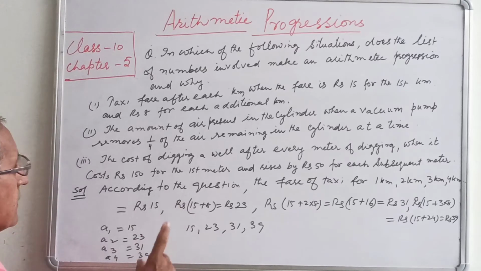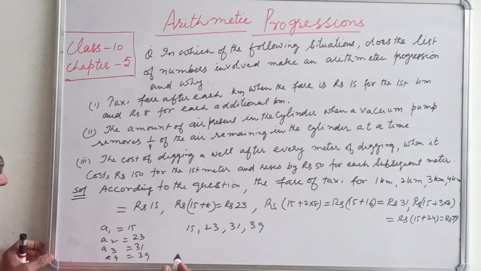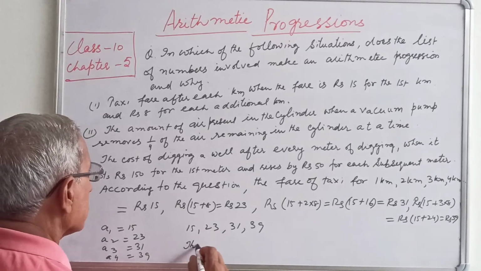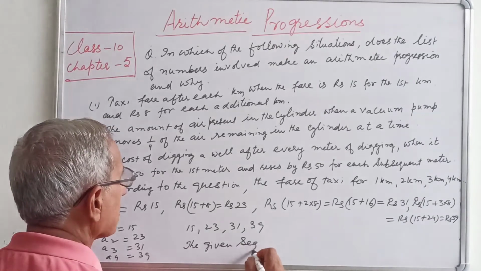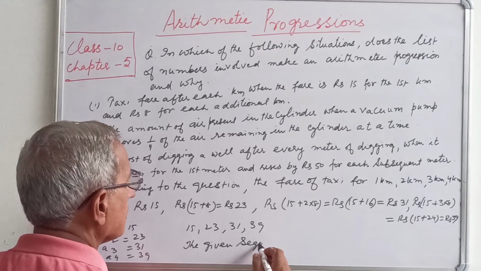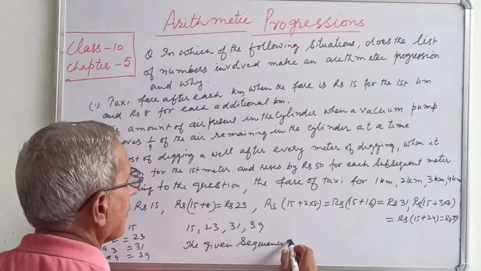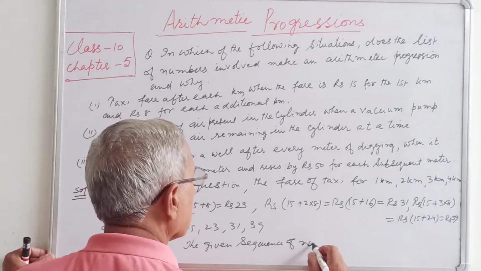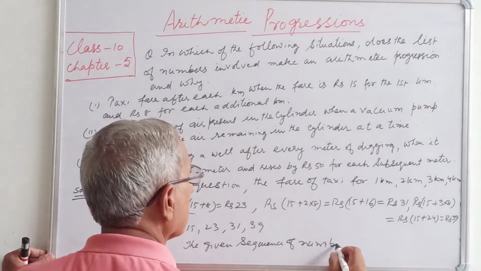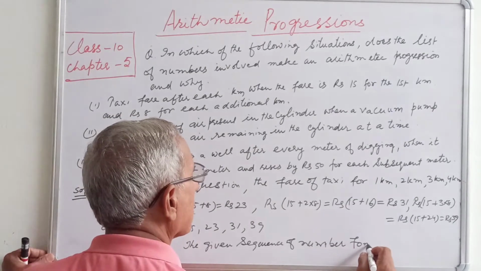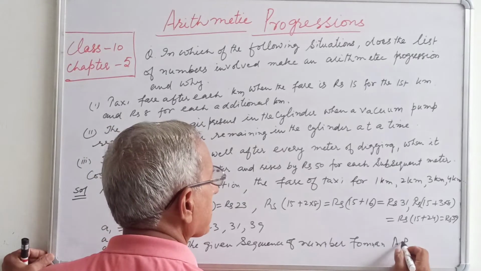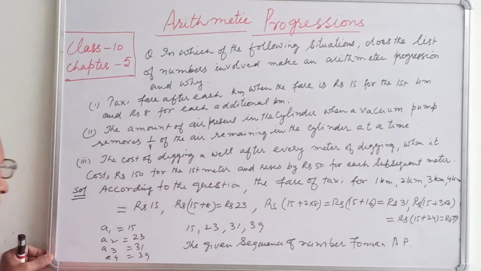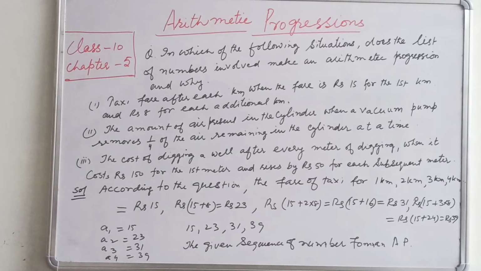Therefore this sequence forms an AP, an arithmetic progression. So this was the answer for the first part.